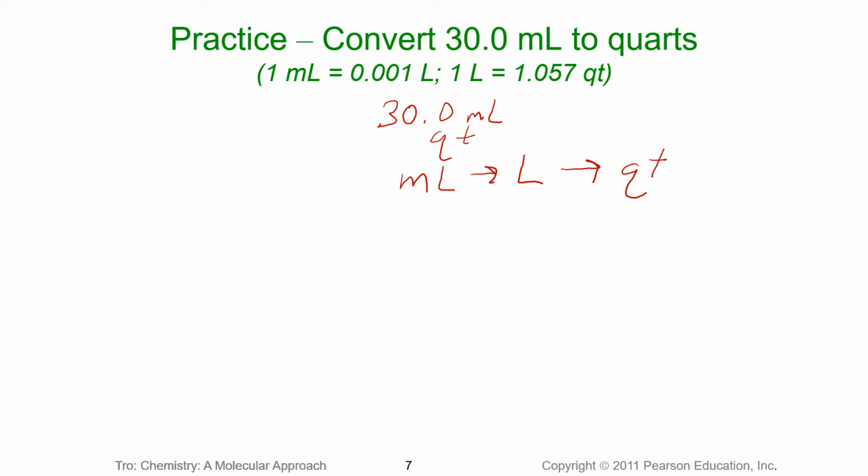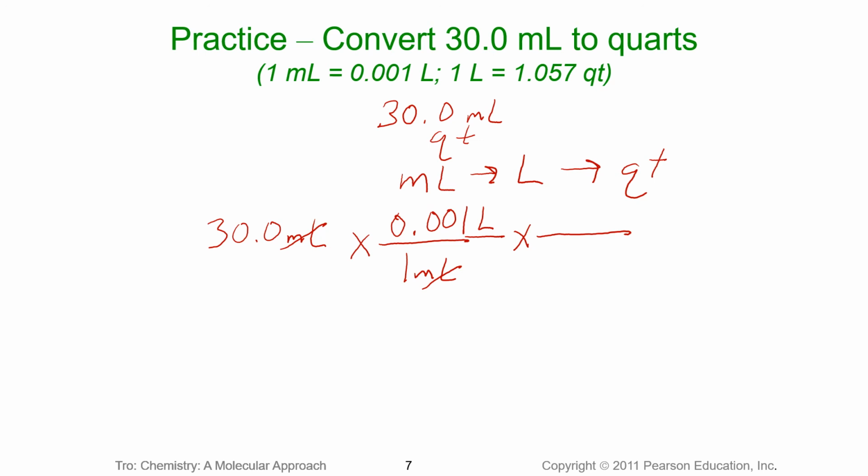So let's set that up. We want the milliliters to cancel. So we're going to put our 1 milliliter on the bottom, our 0.001 liters on top. Our milliliters will cancel.